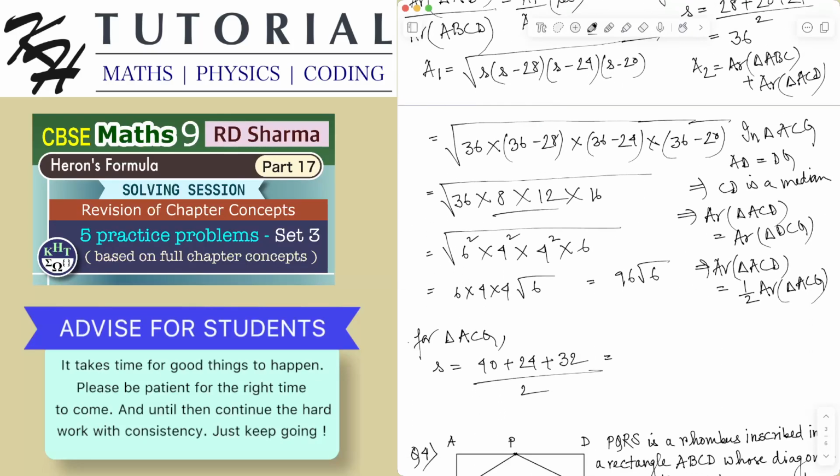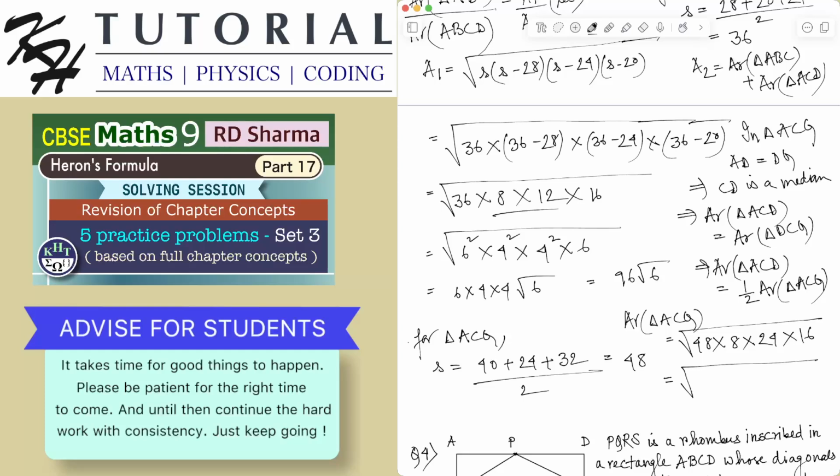So this is 96 divided by 2, which is 48. Semi-perimeter for triangle ACG is 48. Then area of triangle ACG will be equal to the square root of S, which is 48, multiplied by 48 minus 40 which is 8, 48 minus 24 which is 24, and 48 minus 32 which is 16.